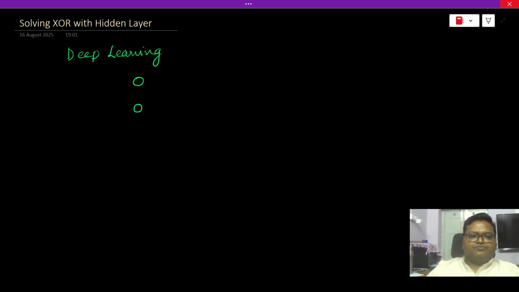In machine learning, we have an input layer and an output layer. In deep learning, we can have a set of hidden layers in between them. This number of hidden layers can be termed as the depth of the deep learning network.